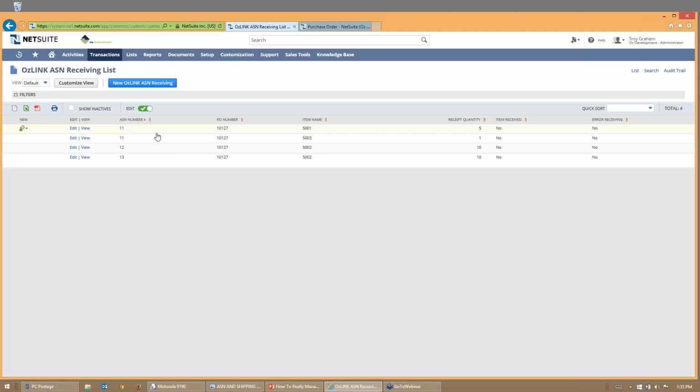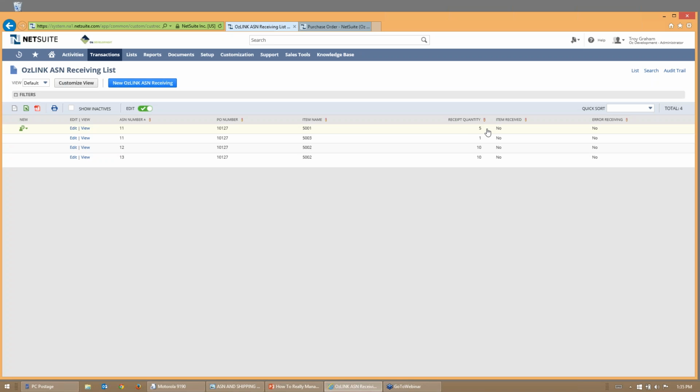So what I'm going to show you here is this ASN number. So what this is telling me is on the outside of that carton, there's a barcode, that SSCC barcode that I mentioned earlier. And based on scanning that barcode, I can understand what purchase order is contained in that carton, what item is contained within that carton, and what quantity.